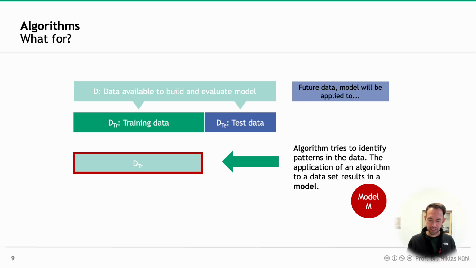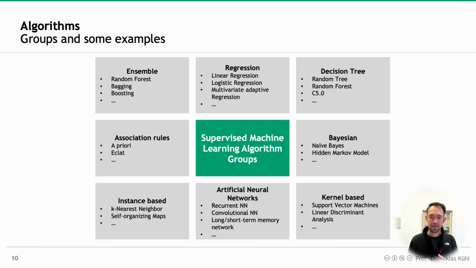And if we look at algorithms, there's a vast availability here. So if you look into the different supervised machine learning algorithm groups, you can see many, many examples. And by no way is that a complete overview. And this literally changes every day because new architectures appear every day. So as we cannot cover all of them, I'll try to give you at least one example per group.